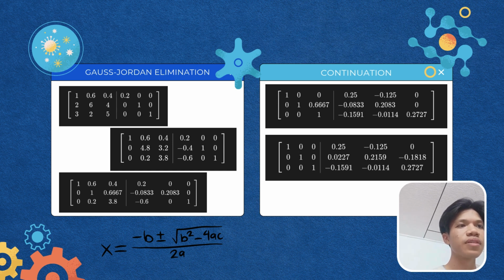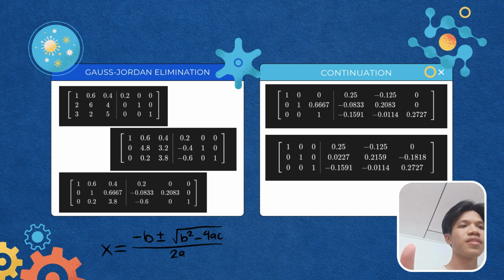We now divide row 3 by 3.67 to make the pivot in the third column into 1. Finally, we remove the third column values above the pivot: negative row 3 plus row 1 changes to row 1, negative row 3 plus row 2 changes into row 2. The left side is now the identity matrix, and the right side is our inverse.